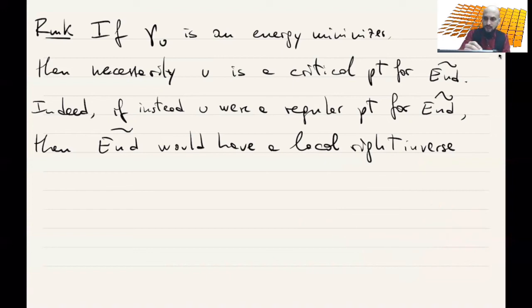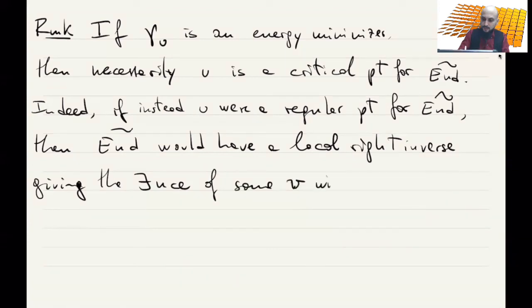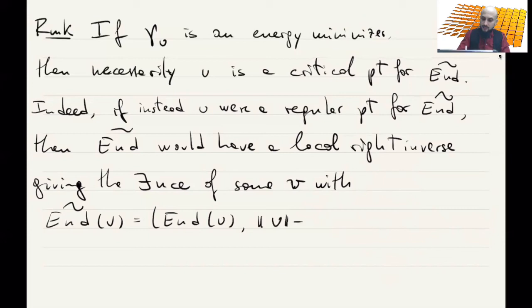So this would give us the existence of some V with image V to be the same endpoint of U, but with energy a little bit less than U, for some epsilon.